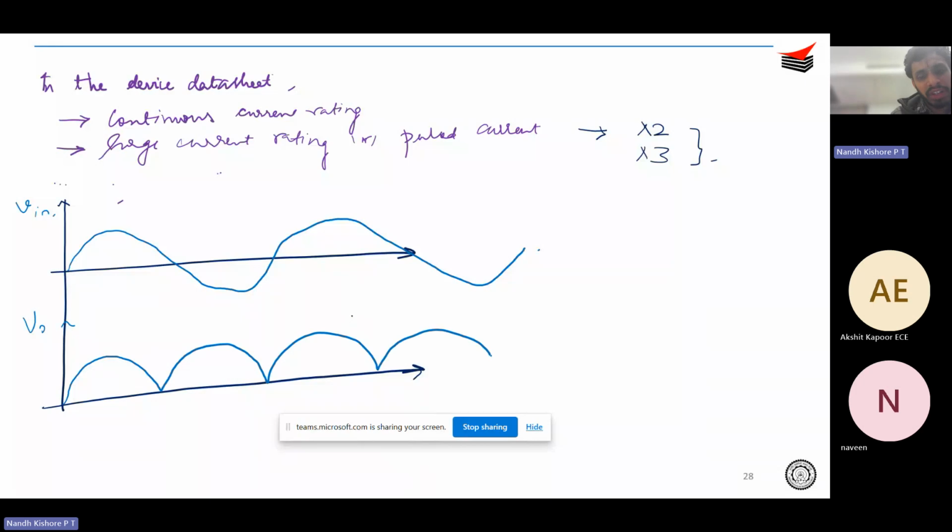Correct? Assuming it's a full bridge rectifier, your rectified V naught will be something like this. But since you have the capacitor, what you're actually going to see is, if your capacitor is uncharged, it will rise till the peak value.